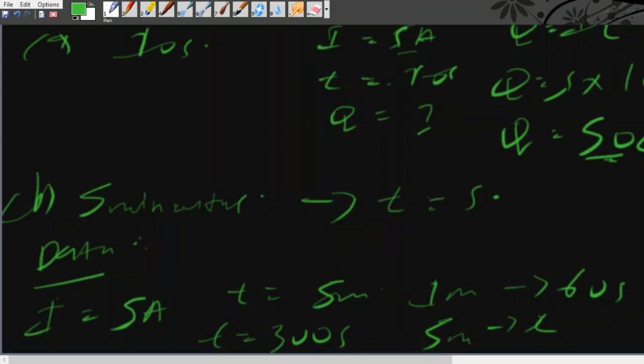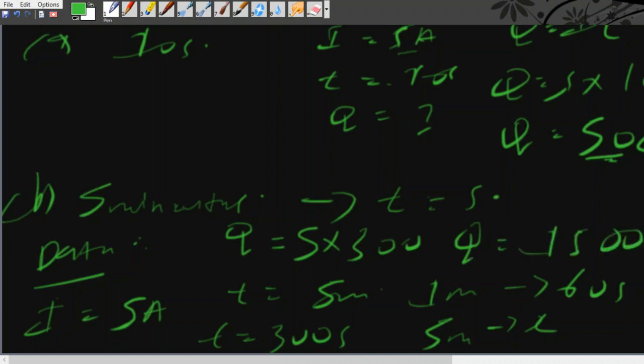That means we can calculate charge. Q is equal to current, 5, multiplied by 300. When we multiply that, our charge is going to be 1500 coulombs.